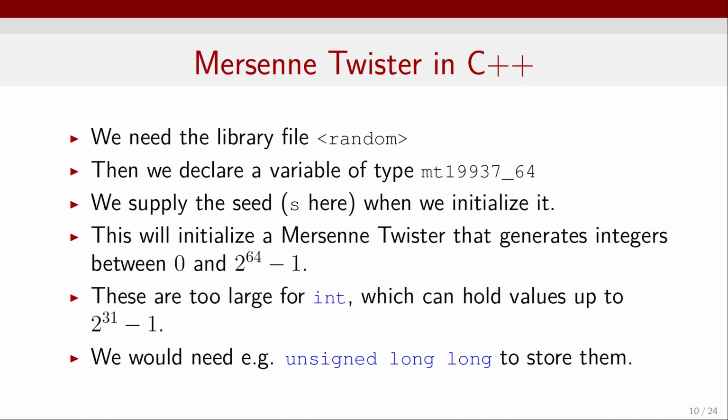This will initialize a Mersenne Twister that generates integers between 0 and 2 to the 64 minus 1. Now, these are too large for int, which can only hold values up to 2 to the 31 minus 1. We would need to use, for example, an unsigned long to store them.